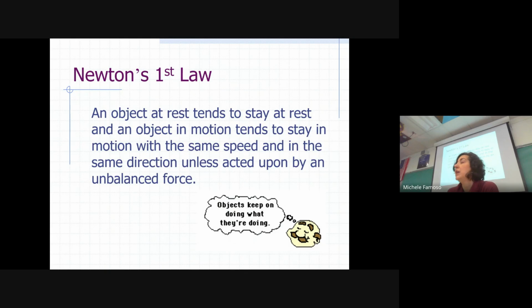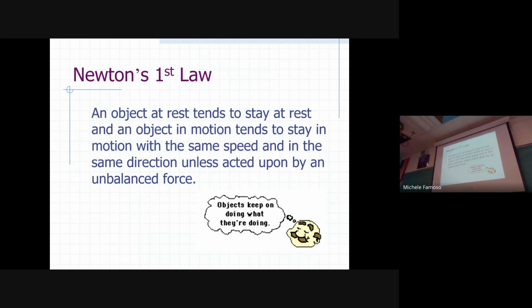So if you have an object that is at rest, it wants to remain at rest. But if it's moving, it wants to keep moving at a constant speed in a straight line. So we're not just going to say an object in motion stays in motion. You got to tell me how it stays in motion. It keeps moving with a constant speed in a straight line. And both of those things will be true so long as the object is not being acted upon by something called an unbalanced force.